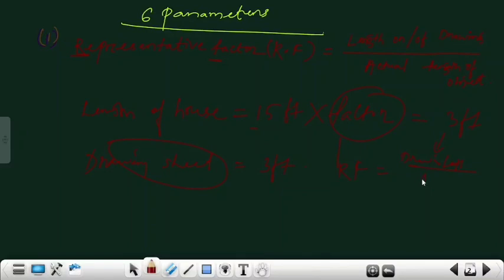Here we have to reduce the drawing of the object. This is example 1.